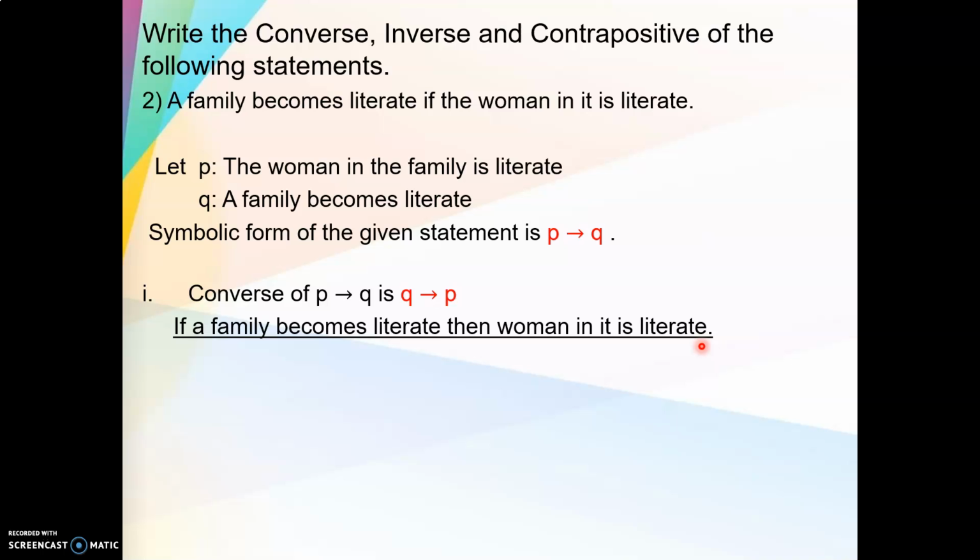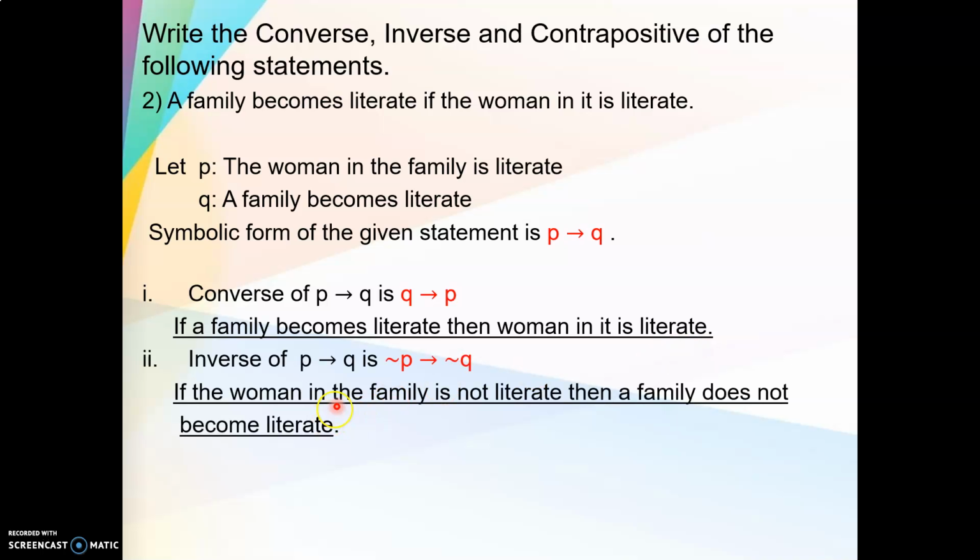Next is the inverse of P implies Q, which is negation P implies negation Q. So here, after the word if, the woman in the family is not literate. Negation applied here. Then, a family does not become literate, because in this second statement the auxiliary verb is not given directly, so we have to check the tense.